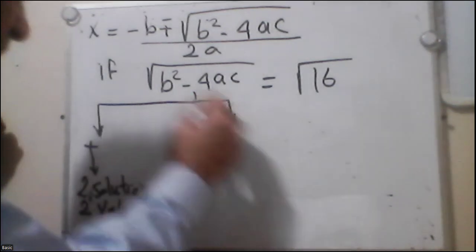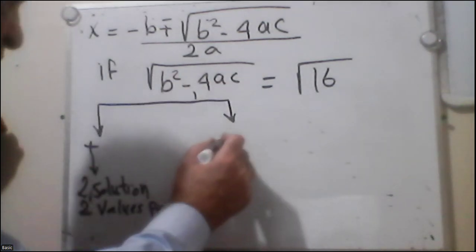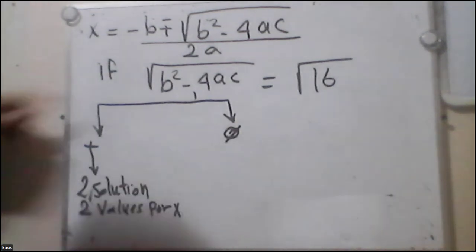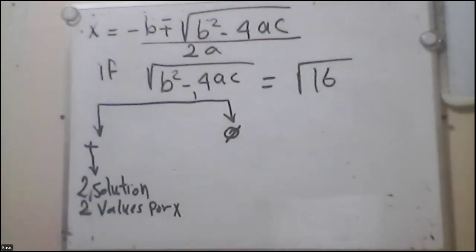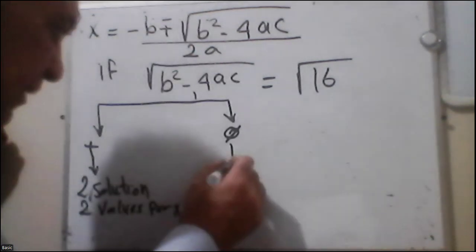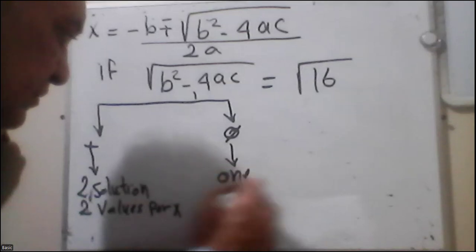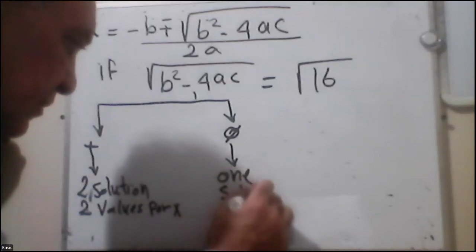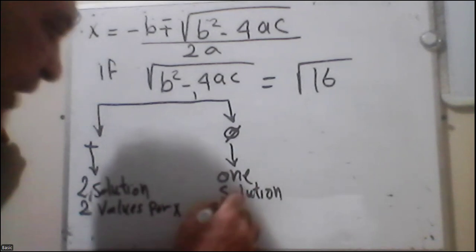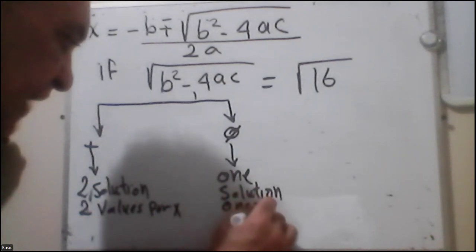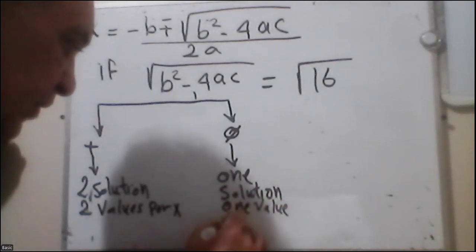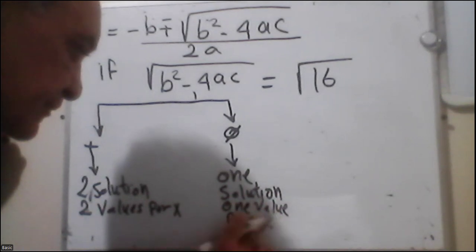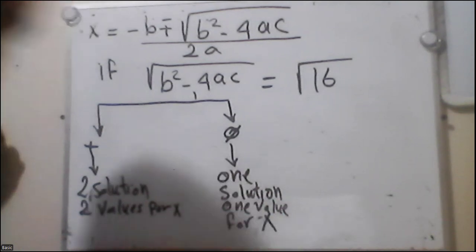If this amount was 0, like the previous example which we just did, then we have only one solution, which means one value for x.